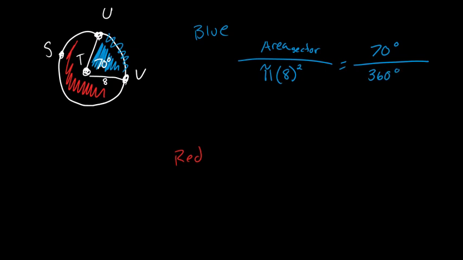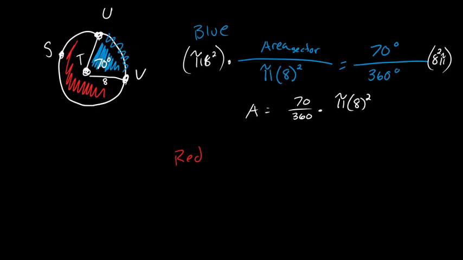So in order to find the area of the sector, I need to multiply each side by pi 8 squared, so by my denominator, to get that on the other side. Pi 8 squared, I don't know why I wrote that backwards. So A equals 70 over 360 times pi 8 squared.